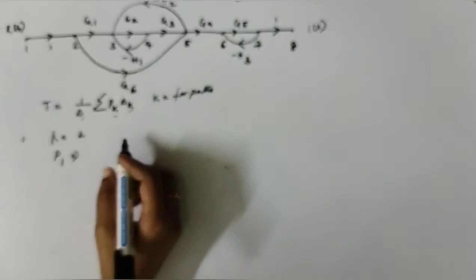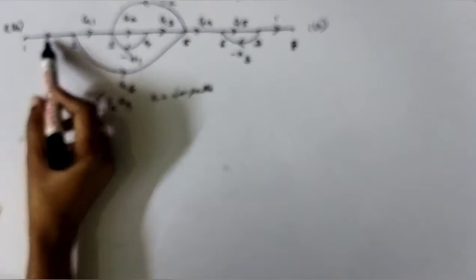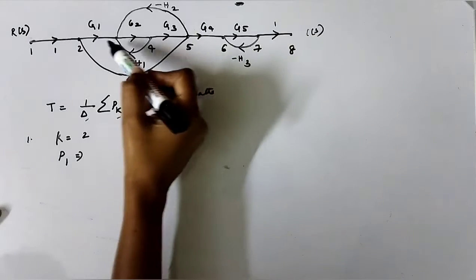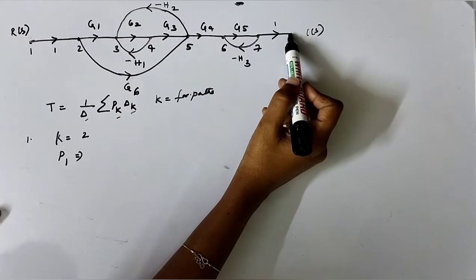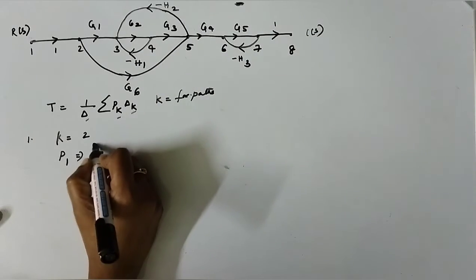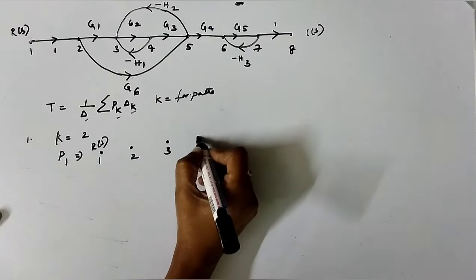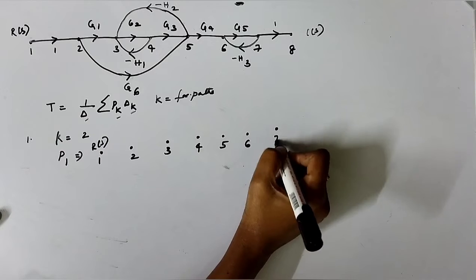Let's draw the graph here. That is starting from 1, 2, followed throughout till reaching the output node 8. R of S is the input node. 1, 2, 3, 4, 5, 6, 7, 8.